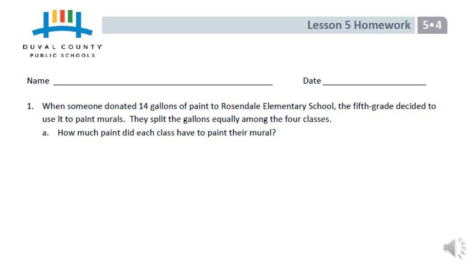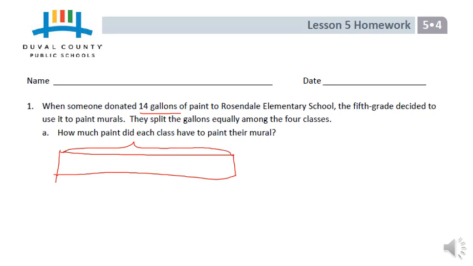Okay, when someone donated 14 gallons of paint to Rosedale Elementary School, the 5th grade decided to use it to paint murals. They split the gallons equally among 4 classes. How much paint did each class have to paint the mural? Well, if we look here, we can see they had a total of 14 gallons. So I'm going to go ahead and draw my tape diagram. Now I know the total up here was 14 gallons.